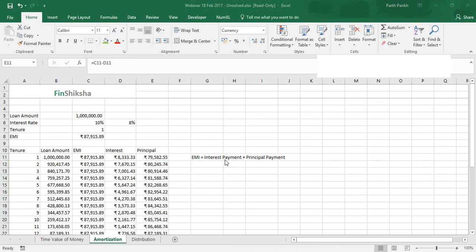So if you have money or if you gain a handsome amount of bonus or windfall gains, then you can directly prepay to avoid a lot of the interest payment which you have to make as a part of your EMI.